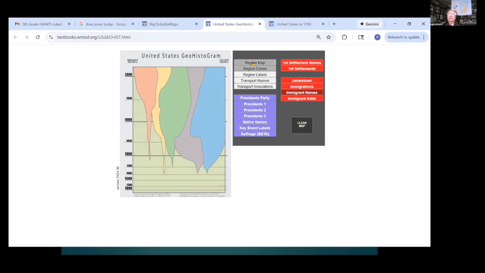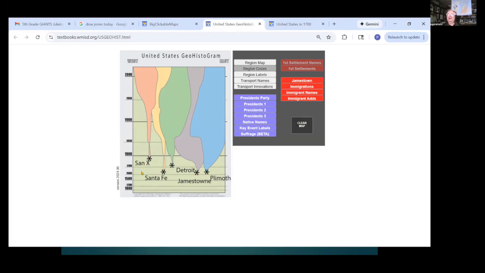There is a region map that you could put down in the corner that shows exactly with the colors where those regions are. We could put the first settlements in each region. And if you want, you could put the name of the first settlement that was in each one of those places. Detroit being one of the first settlements in the middle area here, Jamestown and Plymouth, Santa Fe.